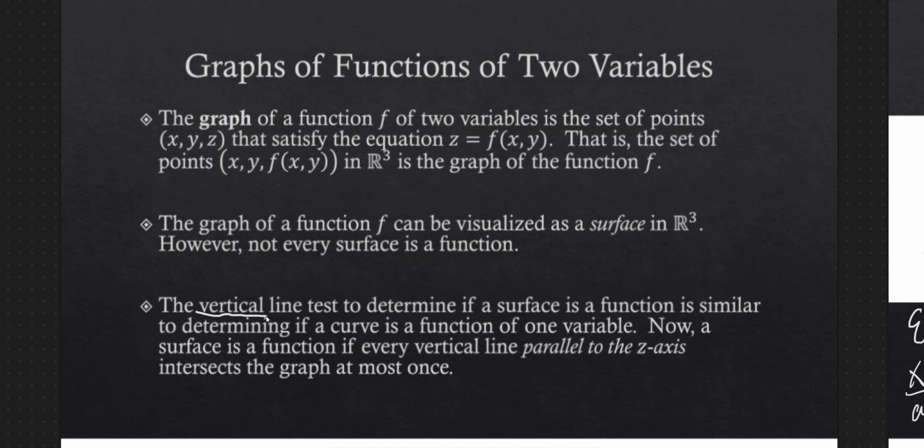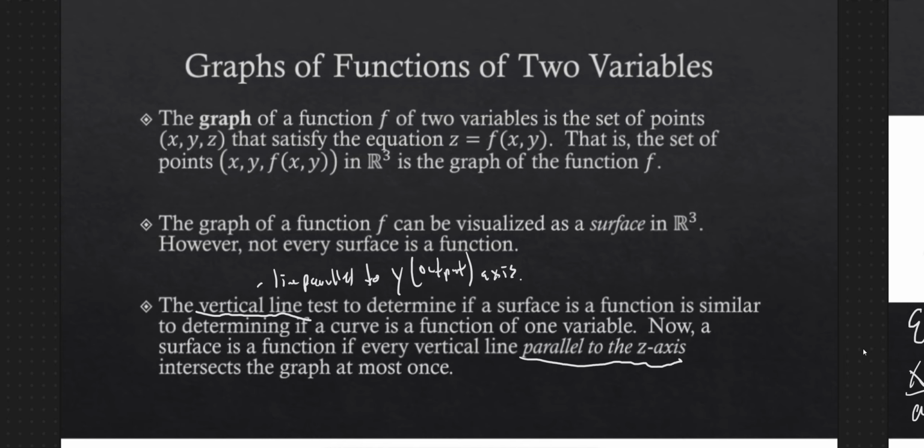So that was a vertical line in 2D, a line parallel to the y-axis, and that was our output axis. In 3D, for a test for a function of two variables, we want to look at lines parallel to the z-axis. And the same thing is true here, only we're looking at, does any line intersect the surface at more than one point? That's the idea.